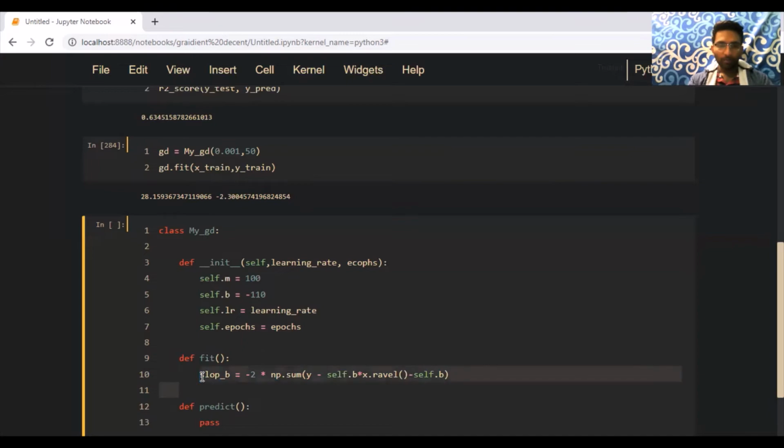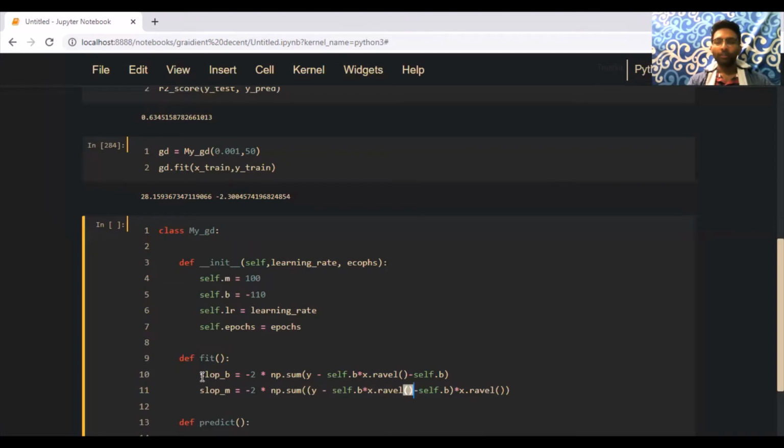Now the same can be done for calculating the slope of m. There will be only one difference in calculating the slope of m. I will make it clear. At the end, this whole equation will be multiplied by x dot ravel.